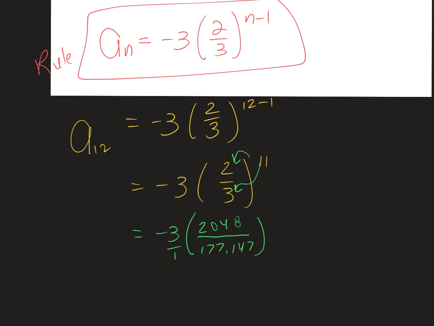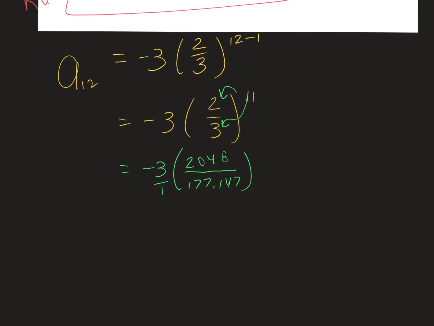Just try. Does 177,147 divide evenly by 3? What does it become? So this is 2048 over, and it's going to be negative, right? What does it become? 59,049? Okay.